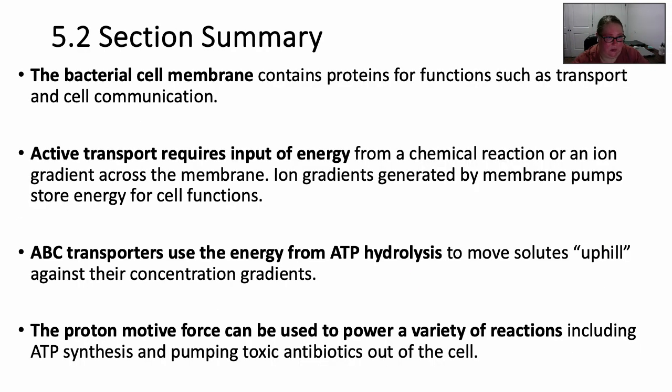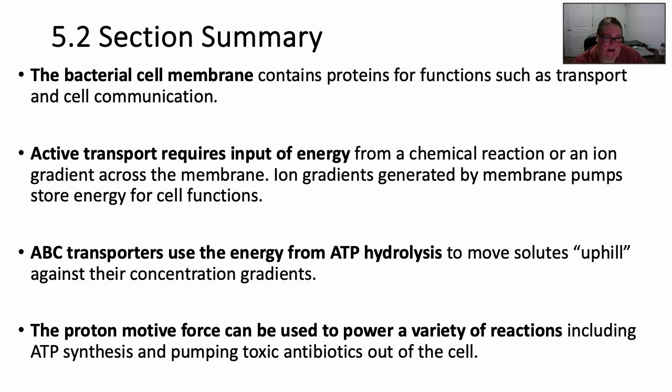That's section 5.2. We've talked about the different functions of the cell membrane in bacteria. We've talked about active transport, concentration gradients, and passive transport. Those transporters we talked about are specifically called ABC transporters, as you saw in the animation. They move things from a low concentration to a high concentration, usually referred to as against the gradient or uphill against the gradient.